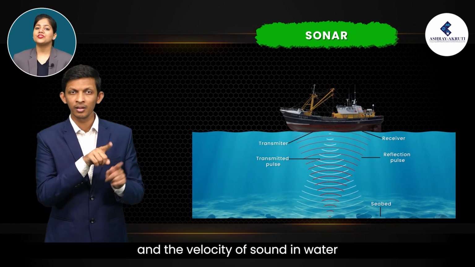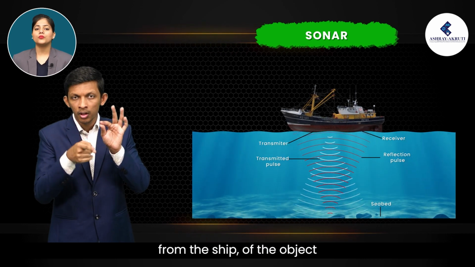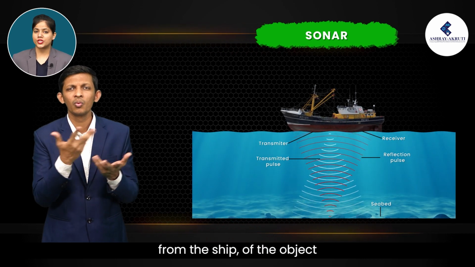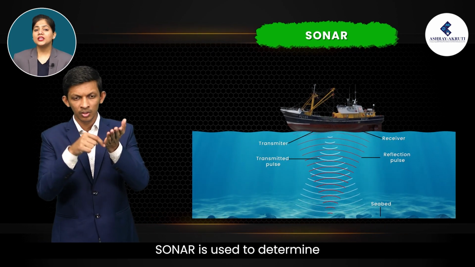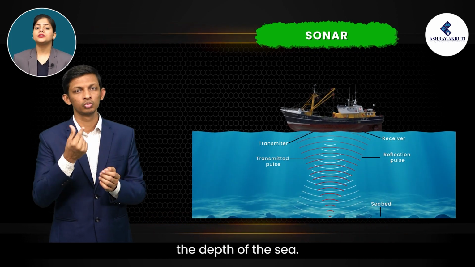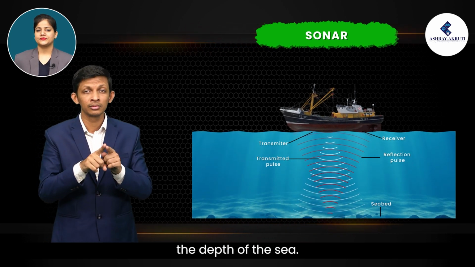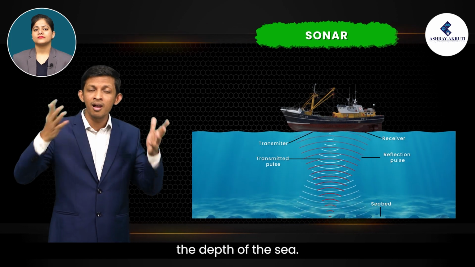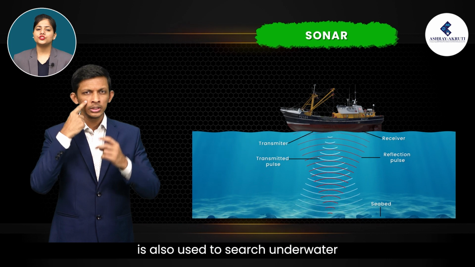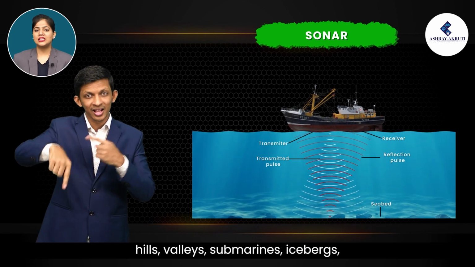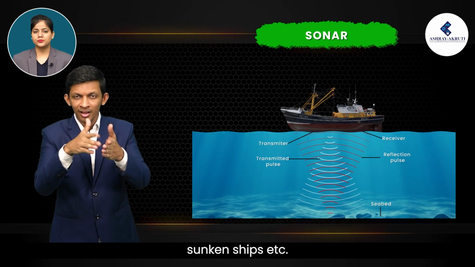This time and the velocity of sound in water give the distance from the ship of the object which reflects the waves. Sonar is used to determine the depth of the sea. Sonar is also used to search underwater hills, valleys, submarines, icebergs, sunken ships, etc.